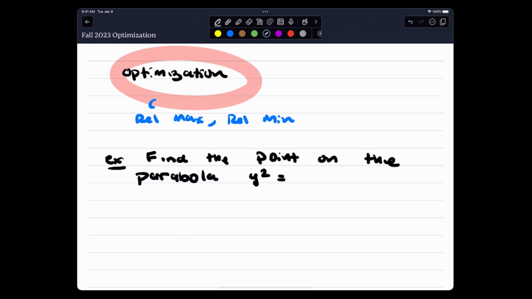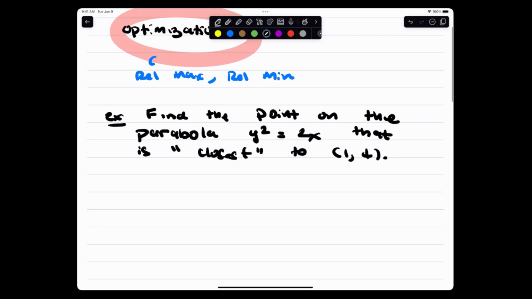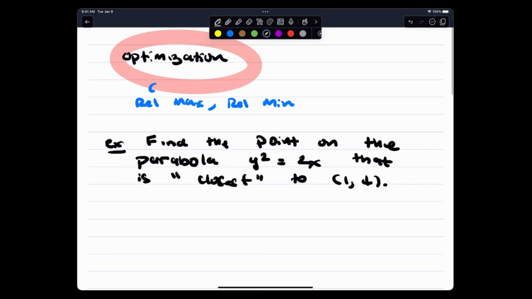Y squared equals 2x. That is, quote unquote, closest to a point that's off the curve. 1, 4.